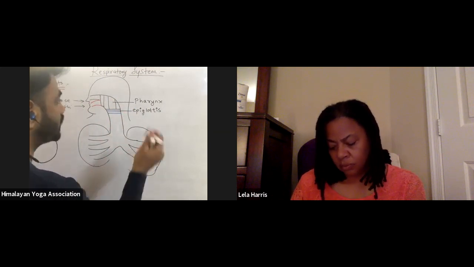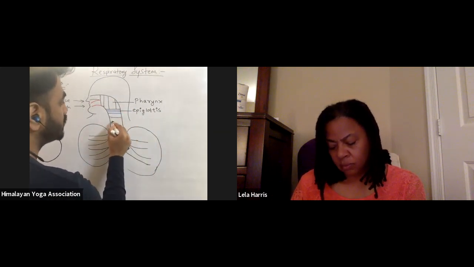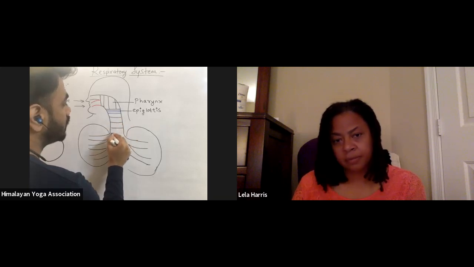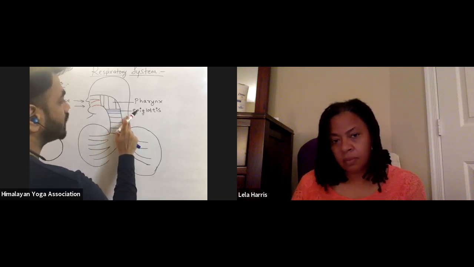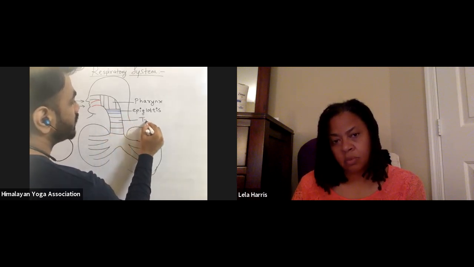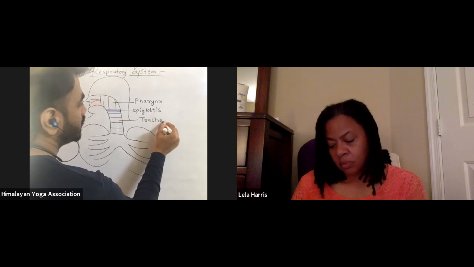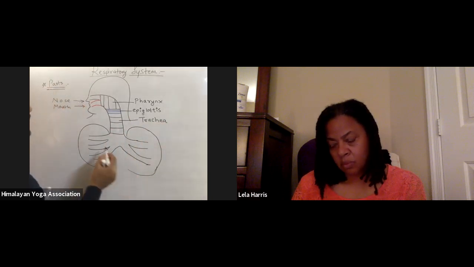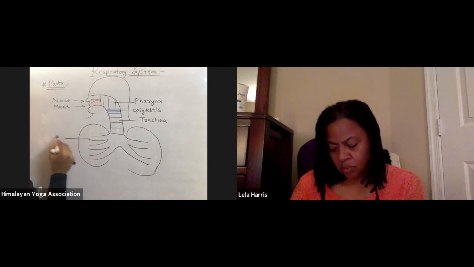Then after the epiglottis, you will see the cartilage rings. Those cartilage rings are nothing but our trachea. Trachea is our windpipe, and these are the branches of the trachea in our lungs.